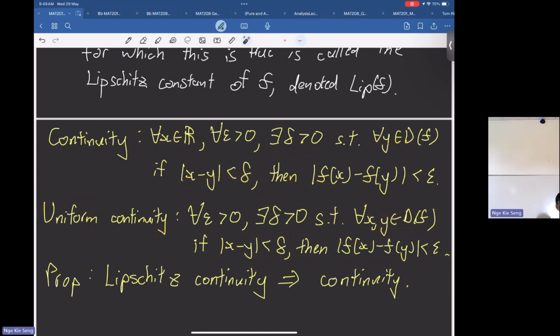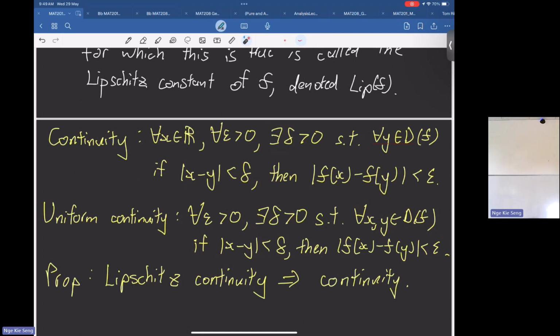What's the difference when I put this x into the middle? What's the difference between fixing x first and putting x later? The difference is big. The delta we choose.